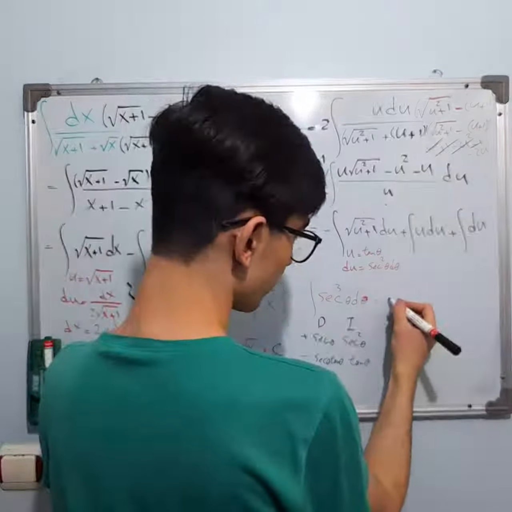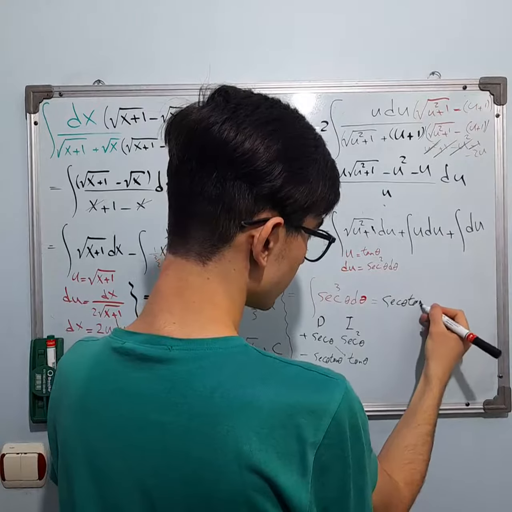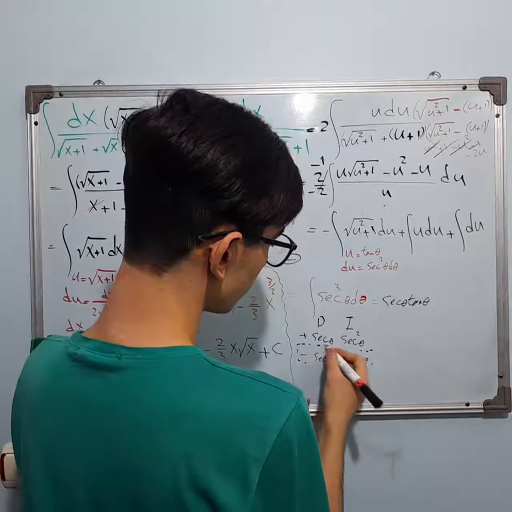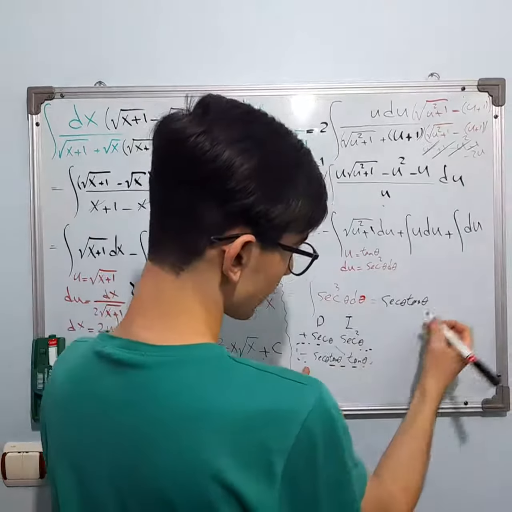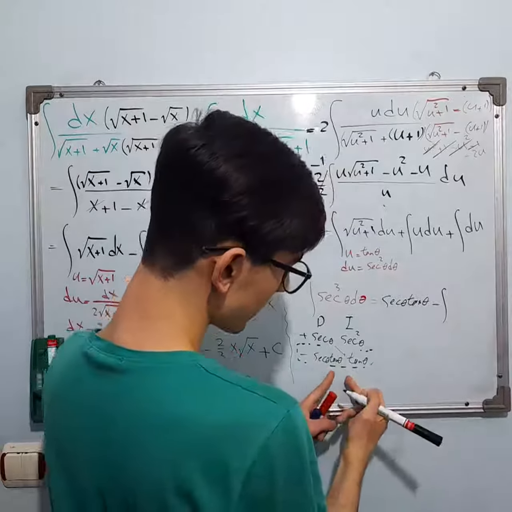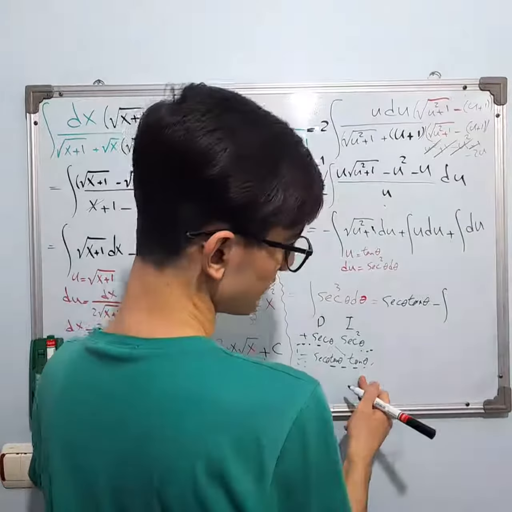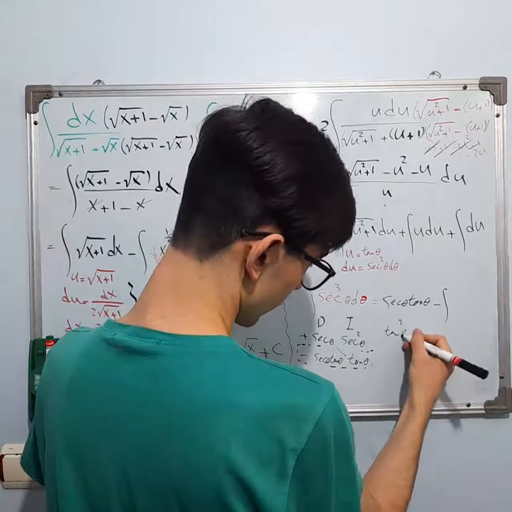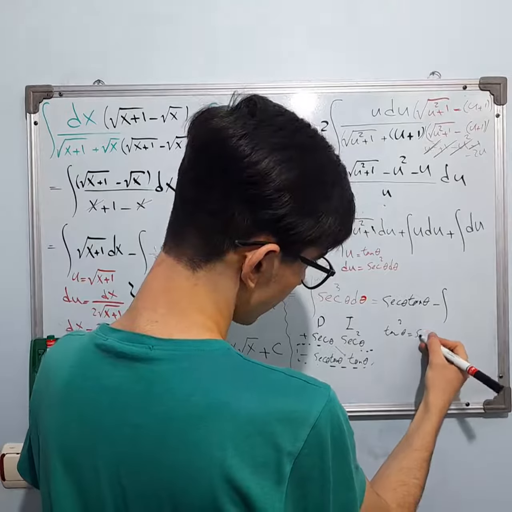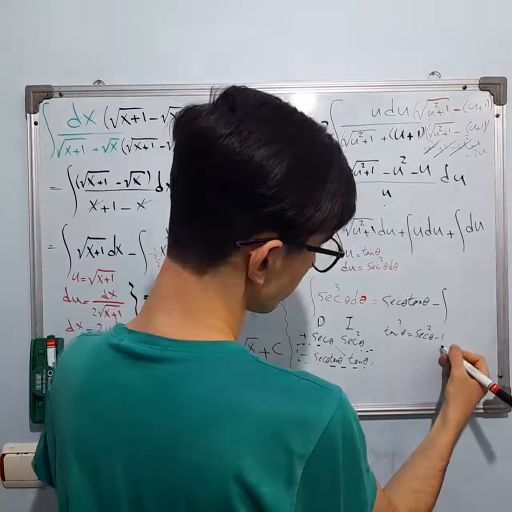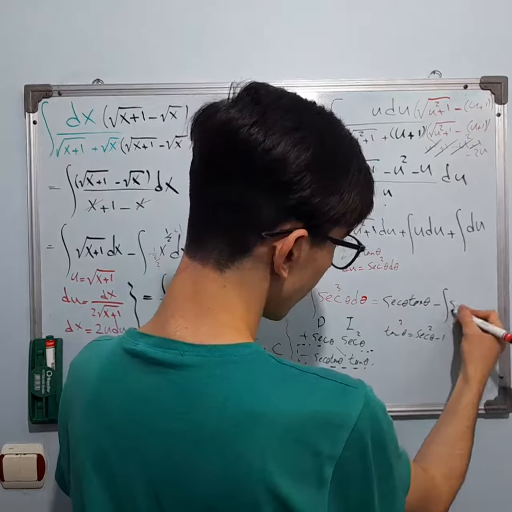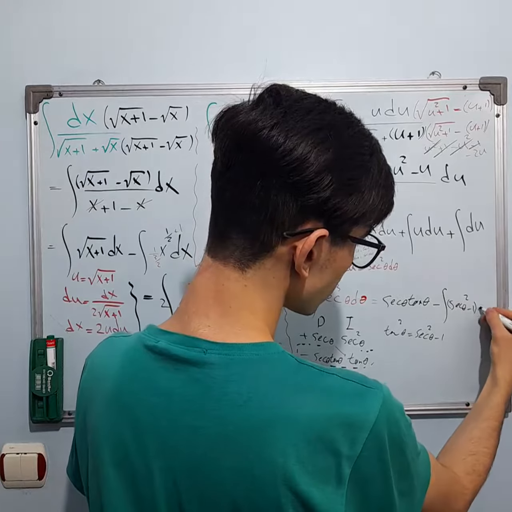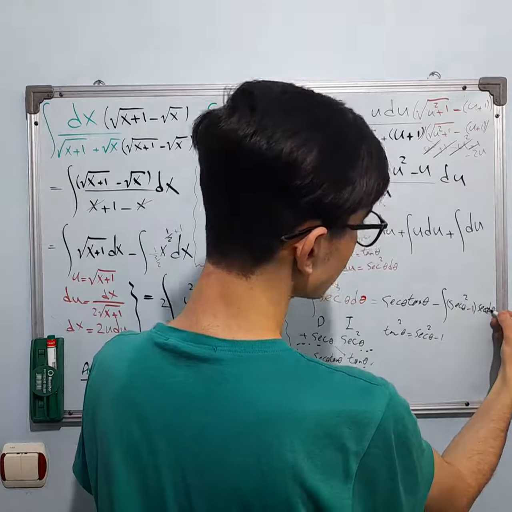Okay, now we have secant theta tangent theta, and we need the integral of this row, minus secant theta tangent squared theta d theta. But you know that tangent squared theta, I can write as secant squared theta minus 1. So here I have secant squared theta minus 1 times secant theta d theta.